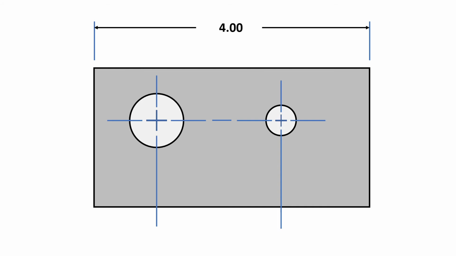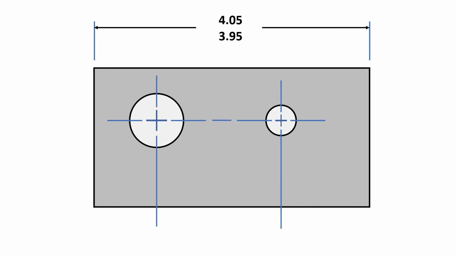But because we can't make anything to an exact size, I have to attach some sort of tolerance, what I'm going to tolerate, what I'm going to put up with, and this part will still work. So I'm saying that, okay, this part will still work if it has a 100 thou tolerance.